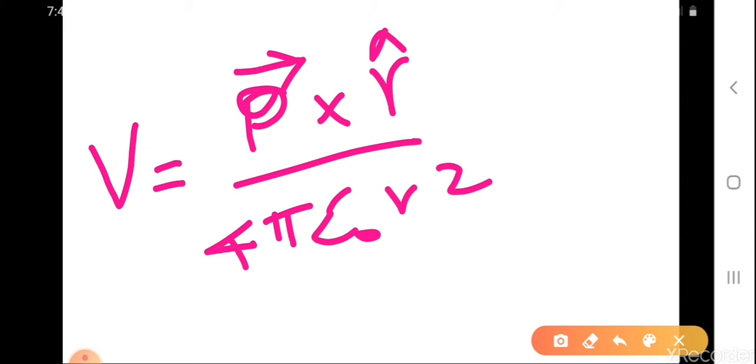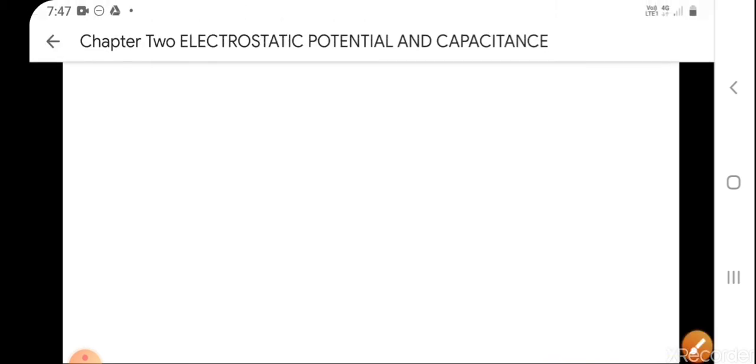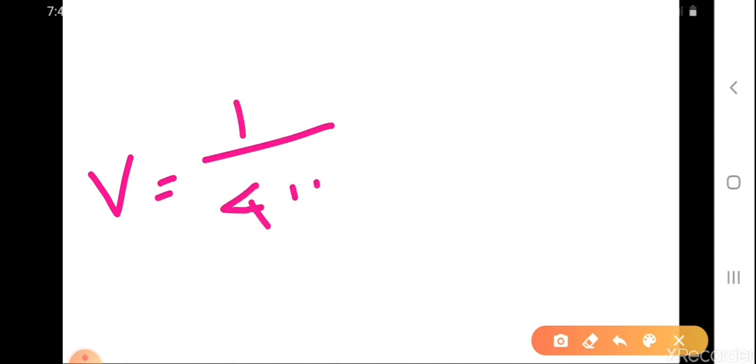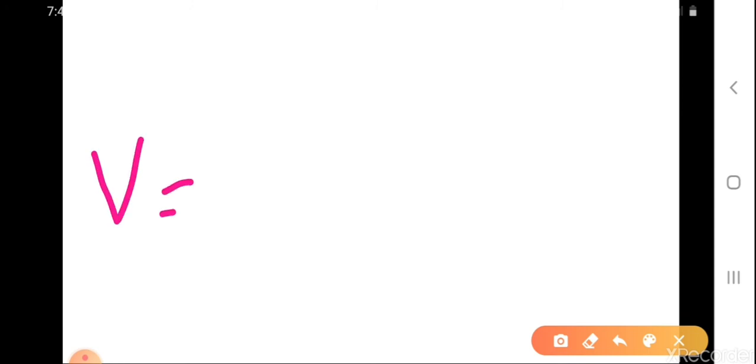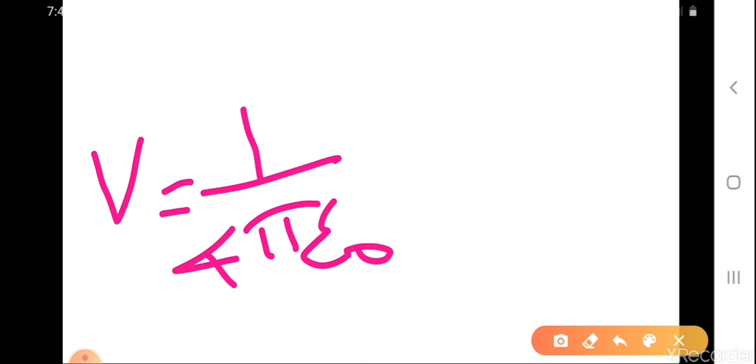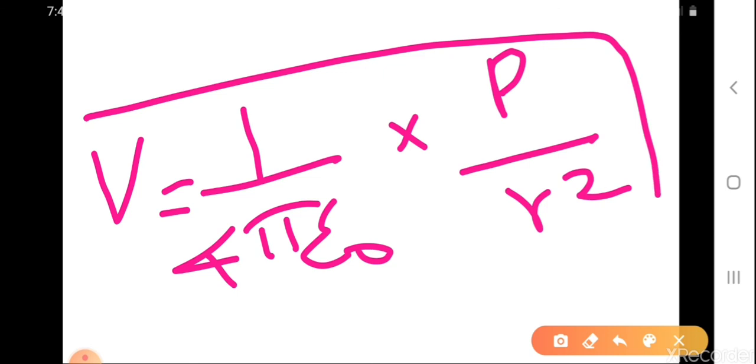Or in short we can write V is equal to 1 by 4 pi epsilon naught into P by r square. I will write again clearly. A screen problem, no? With the finger it's very difficult. V is equal to 1 by 4 pi epsilon naught into P by r square. This is the final formula.